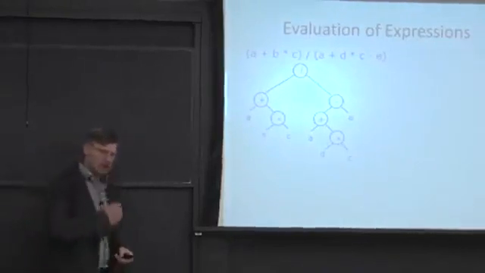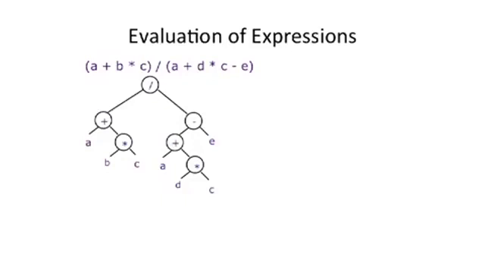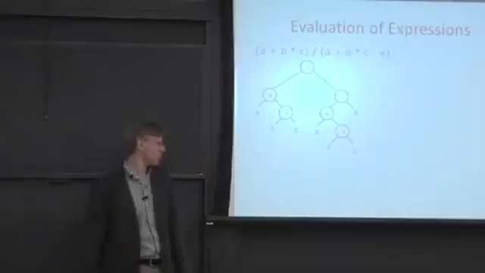Let's take a stack-based instruction set architecture and look at how you can go about evaluating an expression. Here we have an expression, (a plus b times c), that whole quantity divided by (a plus d times c minus e). So it's some complex math operation that we need to do.